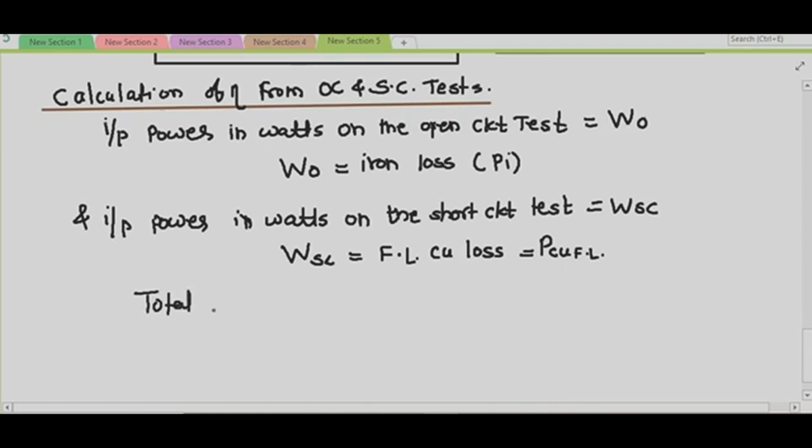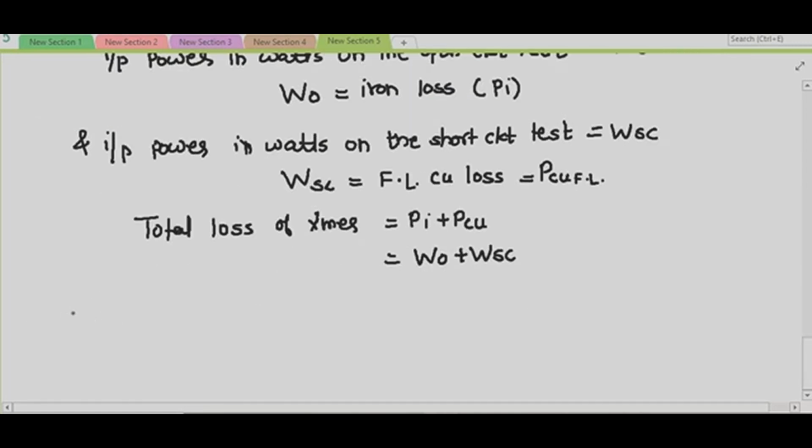Total loss of the transformer we will get equals to PI plus PCU. So it will be W0 plus WSC. Then we know what is efficiency at full load.